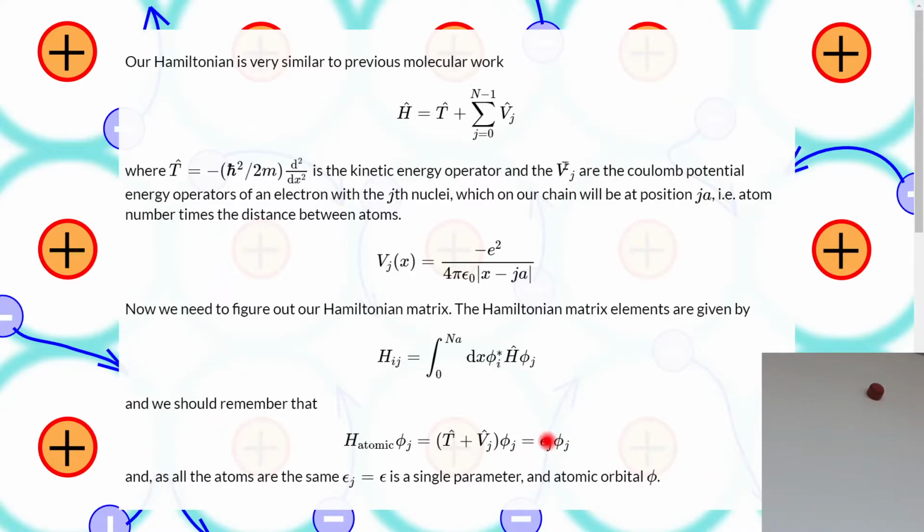We get the energy of the electron on that atom.